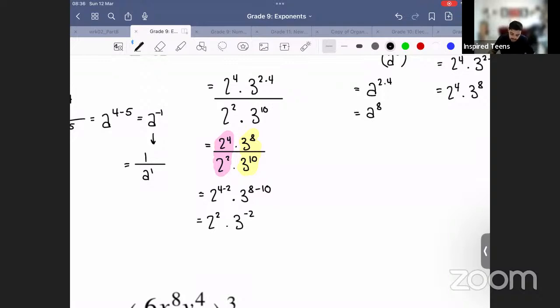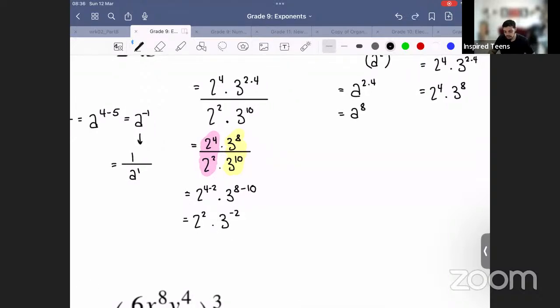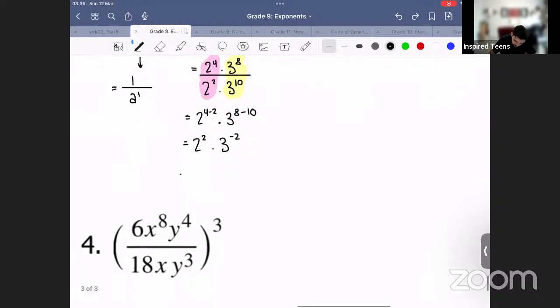We should generally try to leave our answer in positive exponents, or sometimes the question might specify, and then obviously in that case you'd leave it in positive exponent form. So I could simplify this as 2 to the 2 over 3 to the positive 2. I'm taking this to the denominator, and that's what's making it positive.